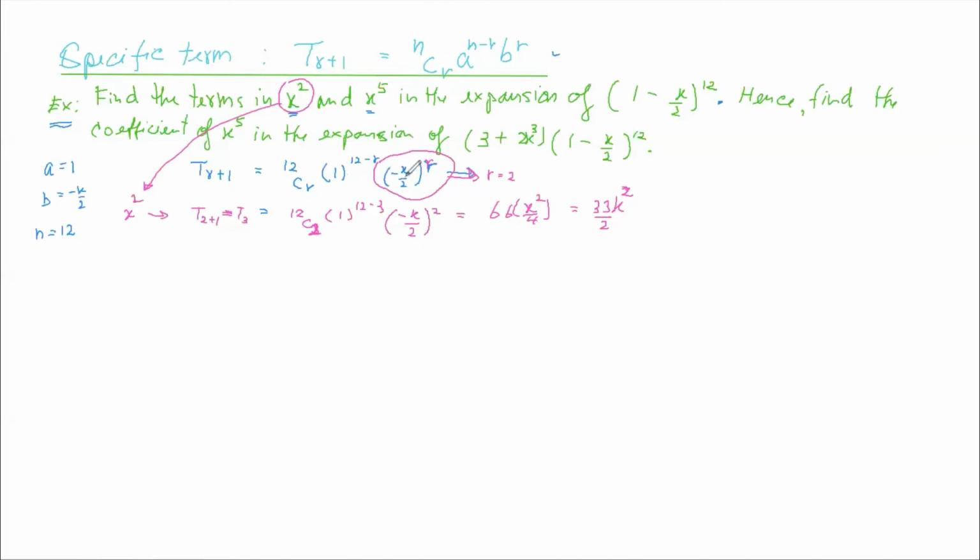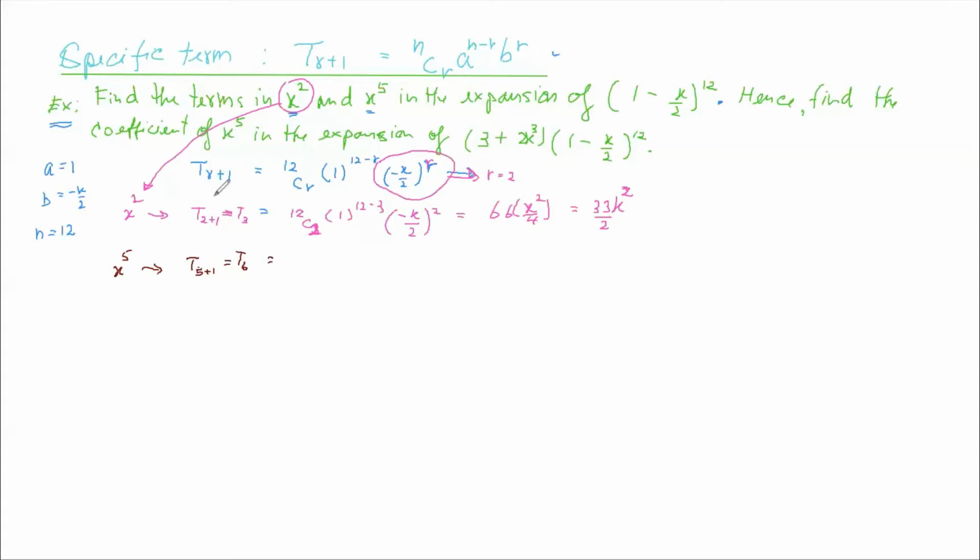So we need x power 5, so this r should be 5, correct? When you want to find x power 5, r should be 5. Then 5 plus 1 means term 6, the sixth term.